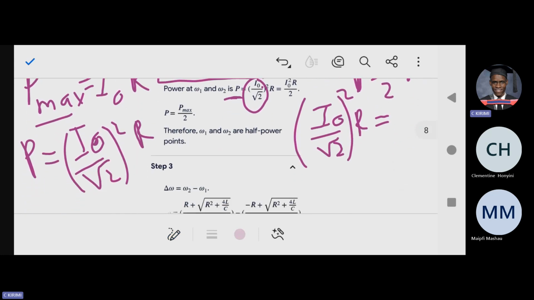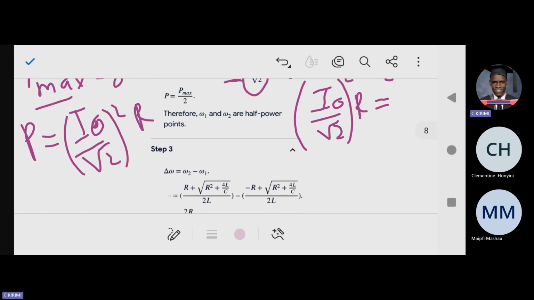So let's solve the left-hand side first. I naught squared over, so we are going to get I naught squared, multiplied by R. R is not being squared. Root of 2 squared under the bracket is going to become what? 2.